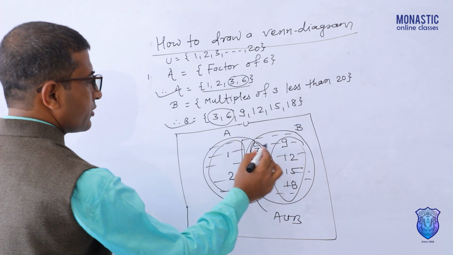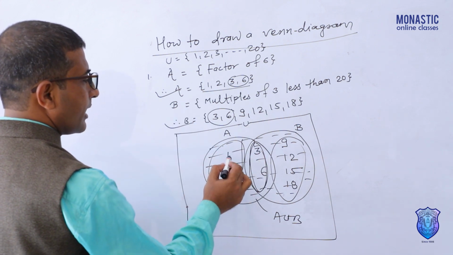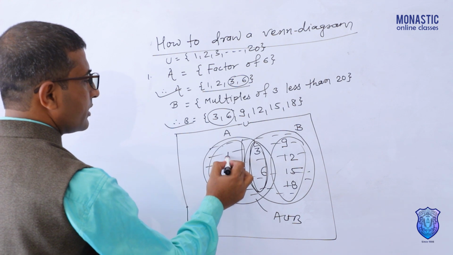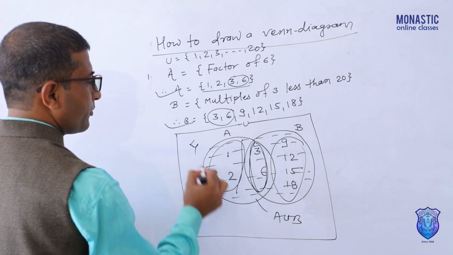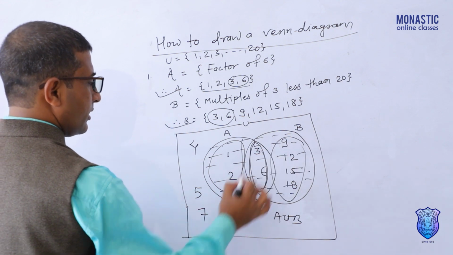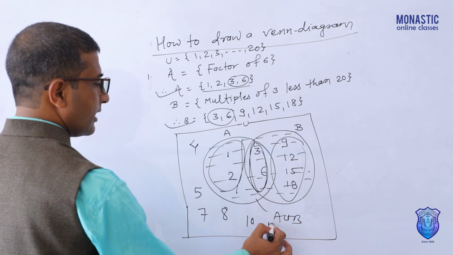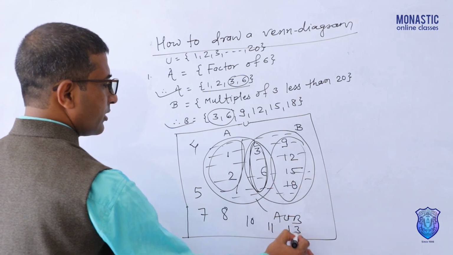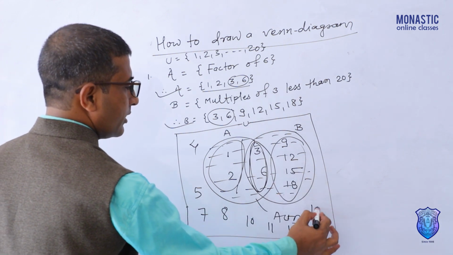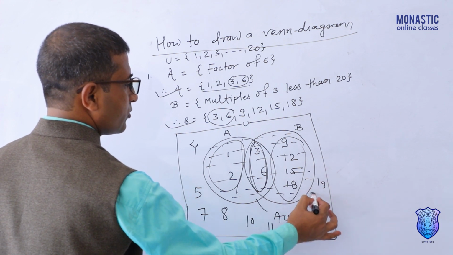The remaining elements are: 1, 2, 3, 4; 5 is remaining, 6 is there, so 7, 8 is remaining, 9 is here, so 10, 11, 12 is here, so 13, 14, 16, 17, 19, 20.